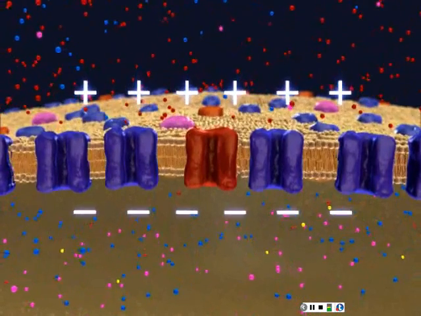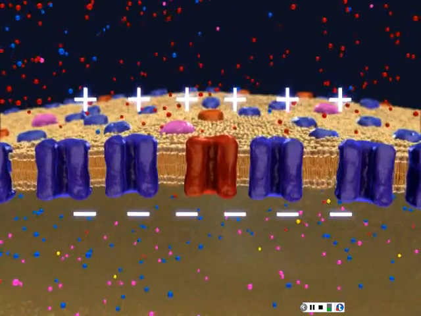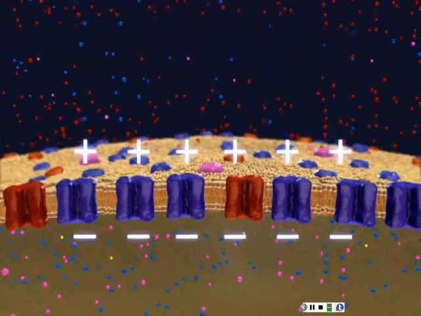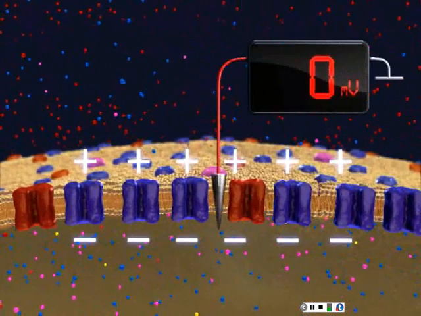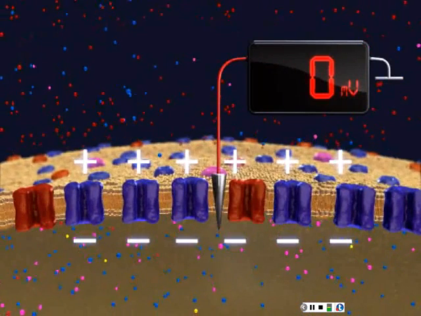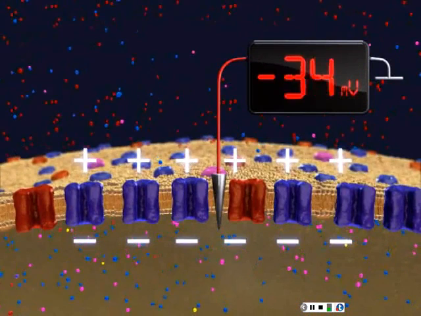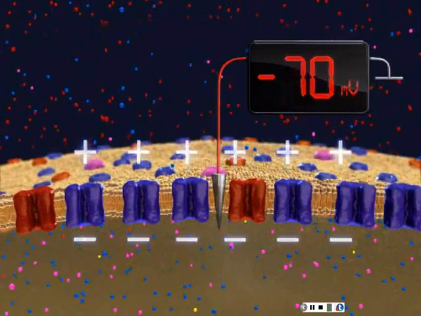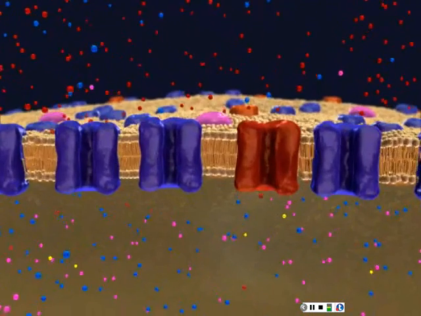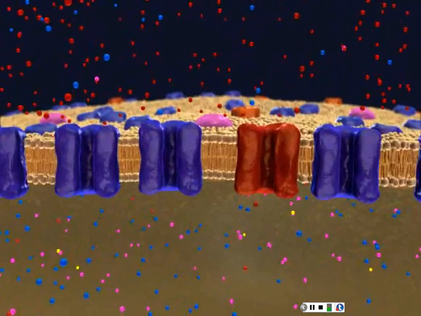This partitioning of charge creates a voltage difference across the membrane known as the resting membrane potential, which can be measured using a voltmeter. On average, an intracellular electrode records a value of -70 millivolts. The resting membrane potential depends on two factors.